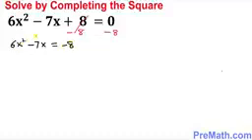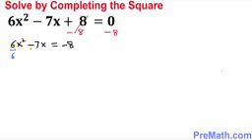So far so good. The next thing we want to do is make sure our leading coefficient, which right now is 6, must be 1. Whatever the leading coefficient is, you must divide all the way by that number, by 6.